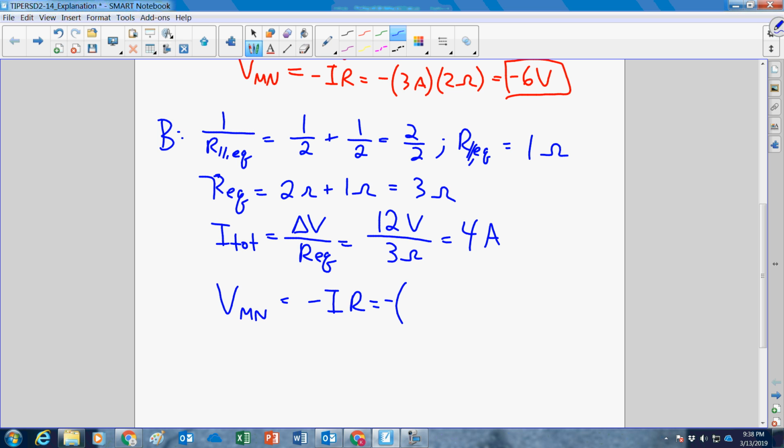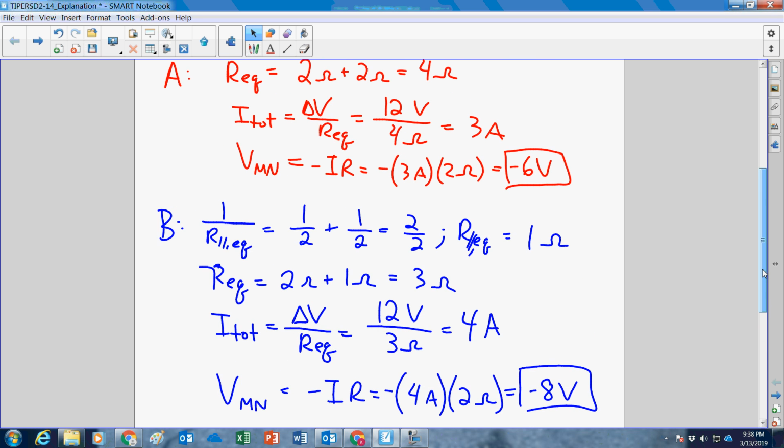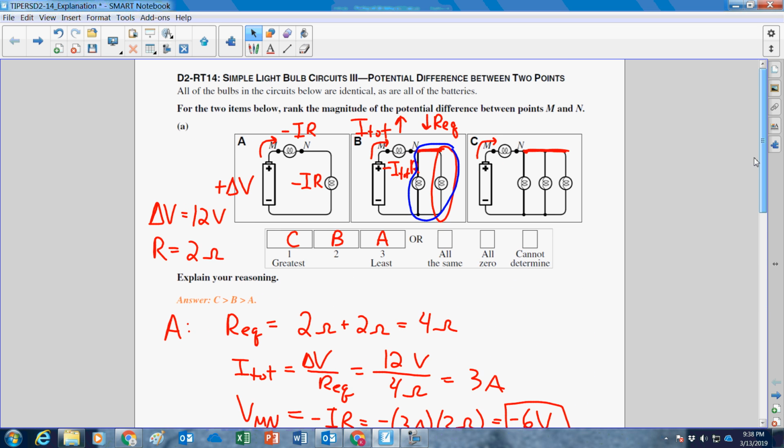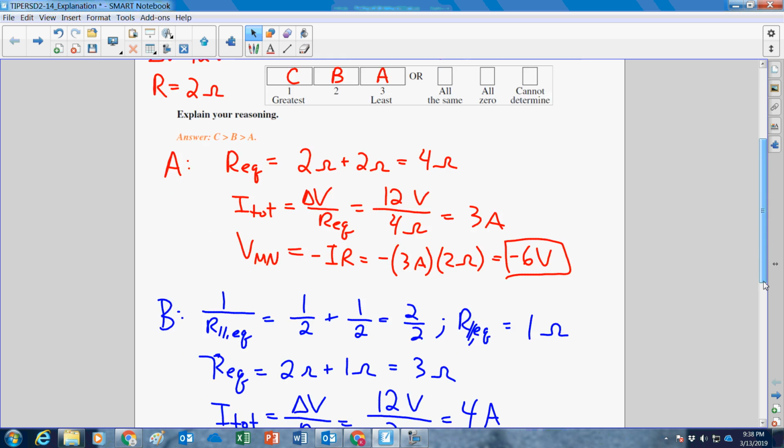So I'm doing negative 4 amps times 2 ohms, and I'm getting negative 8 volts. So the magnitude is a bigger drop, 8 volts versus 6, and then C would go up again. So that's just some math to help me back up my answer in case I wasn't feeling secure about my ranking here. Okay.